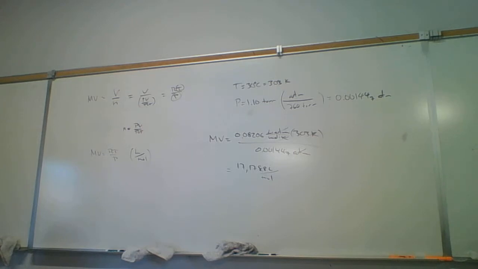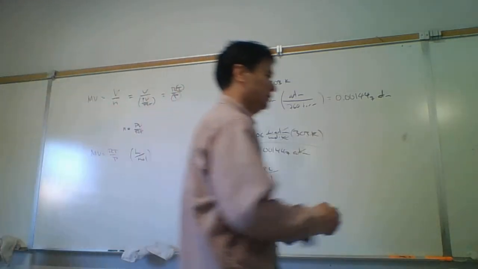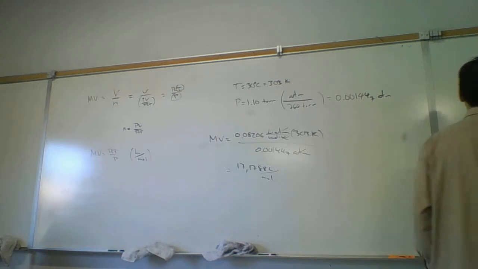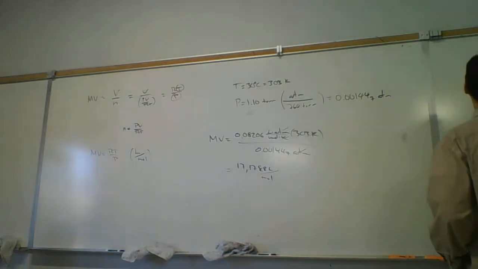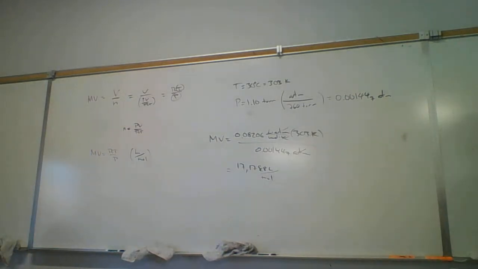Does that answer the question? Yeah, it does. So we just have to find that value. I thought we had to compare the neon. Well, the comparison would be like this. We have a gigantic box. Helium would be 6.022 times 10 to the 23rd atoms of helium.